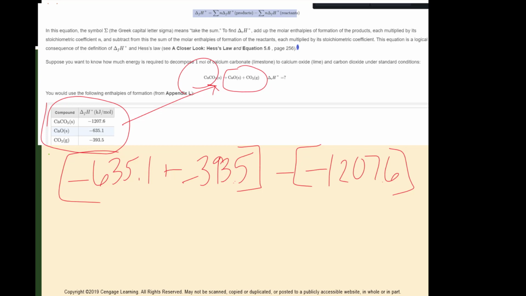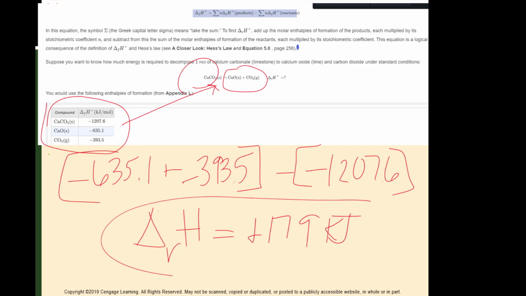I'm going to minus a negative 1207.6. And I get my heat of the reaction of plus 179 kilojoules, simply by taking the sum of my products minus the sum of my reactants.